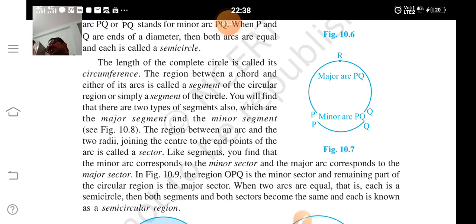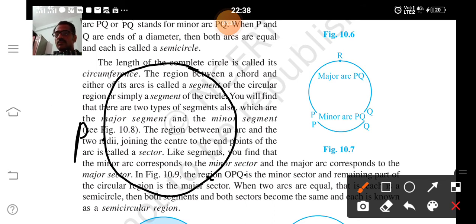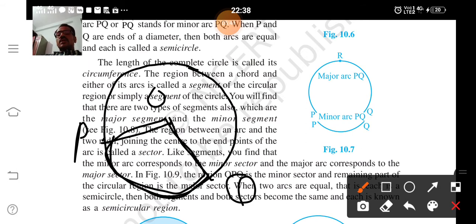Let us understand about the sector. See, this cone shape is called a sector. So let us define sector.